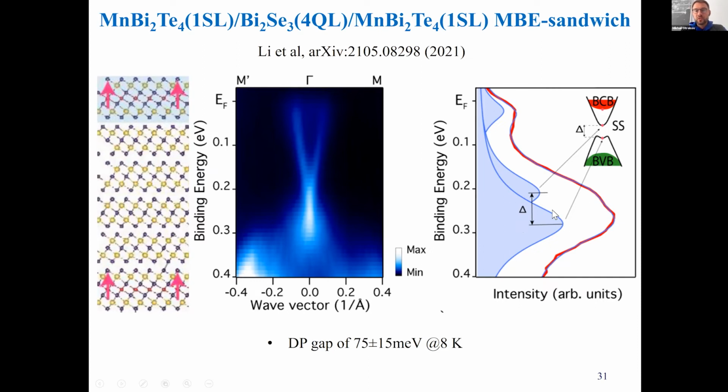At the decomposition of this curve, you can see that this shoulder here is actually hinting at the gap, and indeed the EDC analysis shows that there is a gap of about 75 ± 15 milli-electron volts at 4 Kelvin.